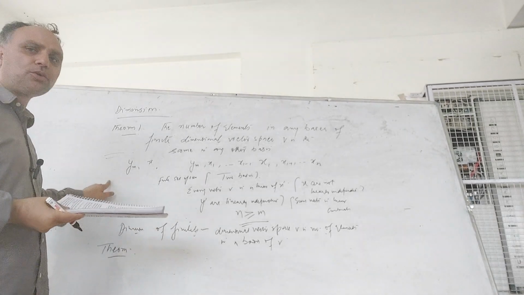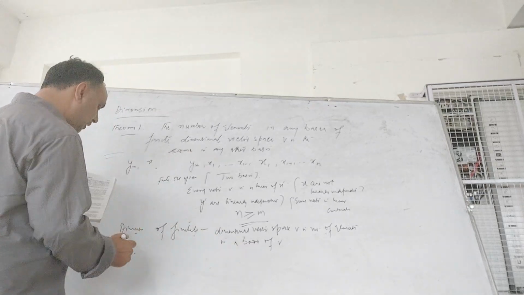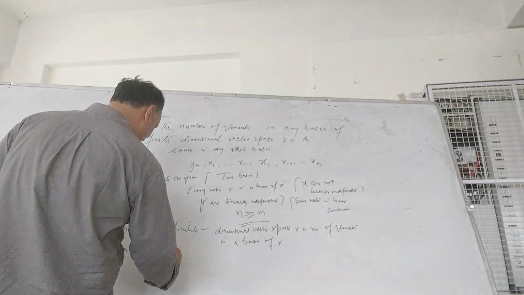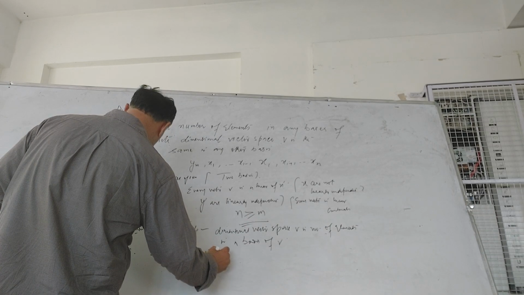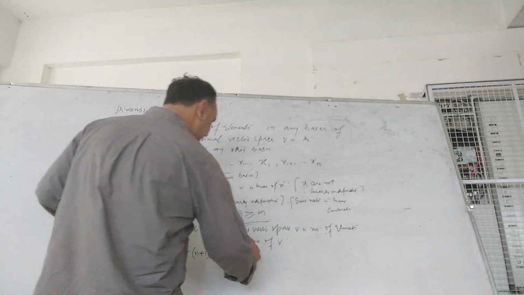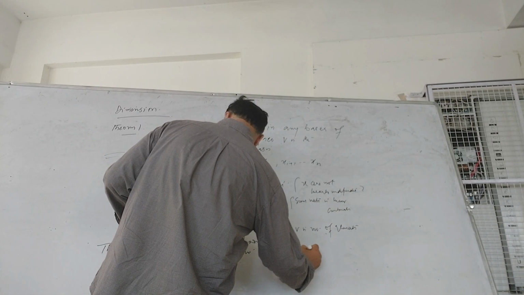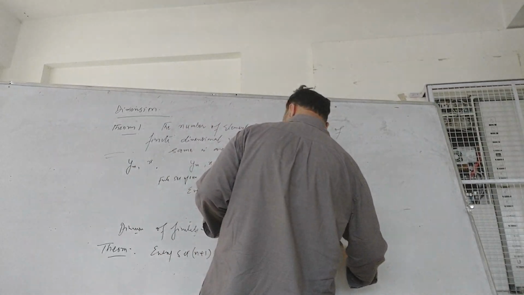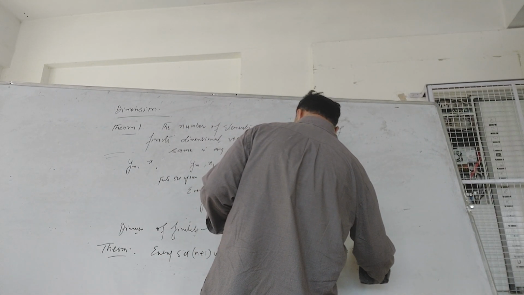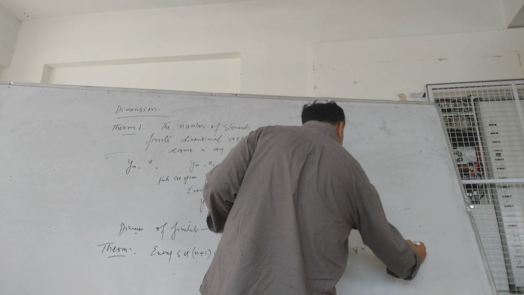Again, the argument or the logic of the theorem is similar to the previous one. Every set of n plus 1 vectors in an n-dimensional vector space V is linearly dependent.